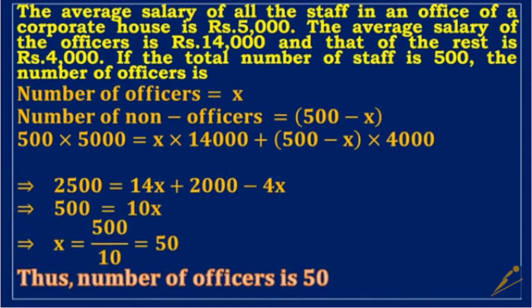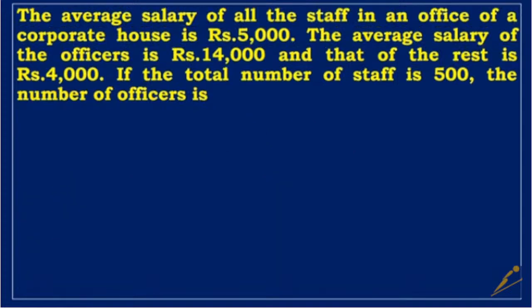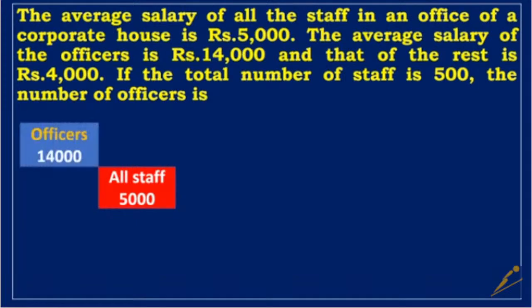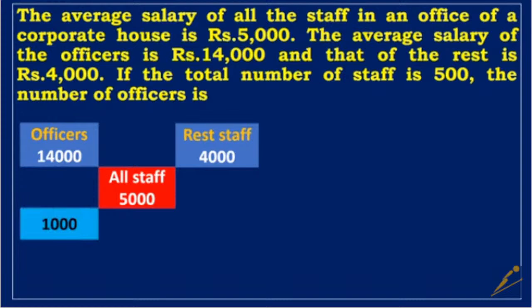We can solve this type of question in a smart way using the proportion technique. The average salary of all the staff is rupees 5,000, the average salary of the officers is rupees 14,000, and that of the rest is rupees 4,000. The difference between 5,000 and 4,000 is 1,000.